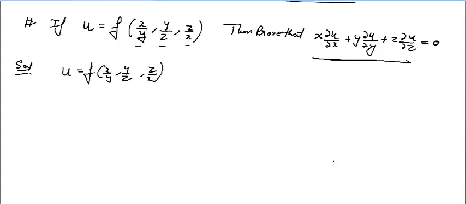So what I am going to take, I am going to take capital X is equal to x over y. Let, I am just assuming, and capital Y is equal to y over z, and capital Z is equal to z over x.